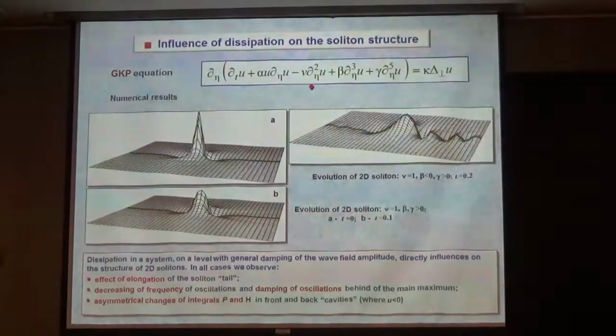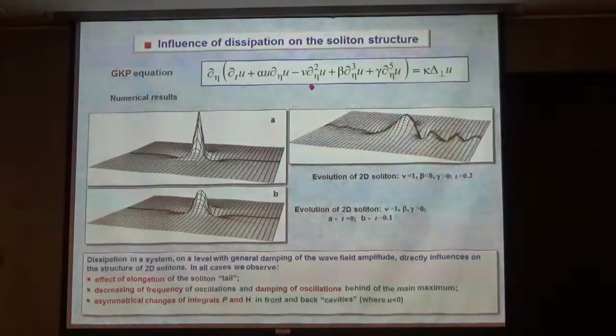Influence of dissipation on the soliton structure. The dissipation of viscous type is described by the term proportional to the second derivative in the GKP equation. The left picture shows the evolution of a two-dimensional soliton with algebraic asymptotics, and the right picture shows the evolution of a two-dimensional soliton with oscillating asymptotics.